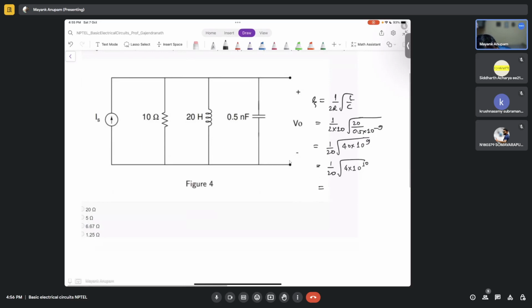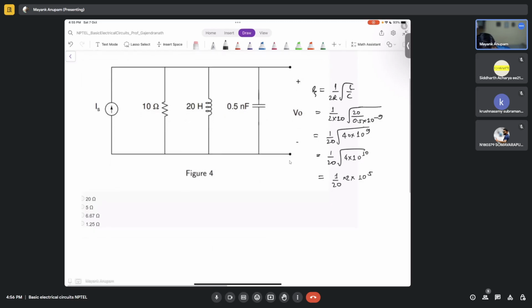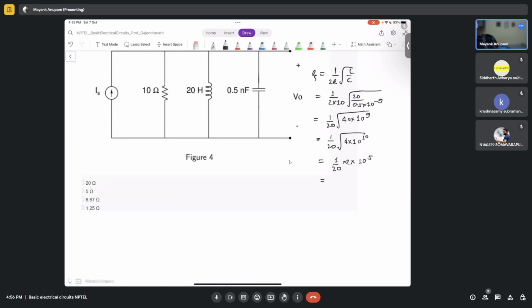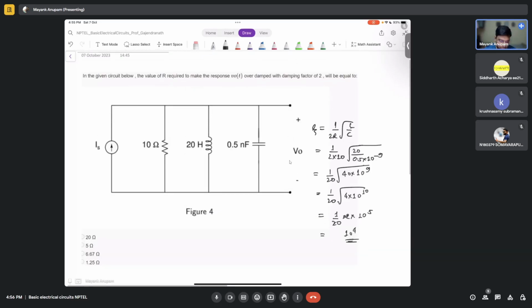Now is it correct? It's 2 into 10 to the power 5, right? So how much is that? 10 to the power 4, isn't it? It is an over damped system.